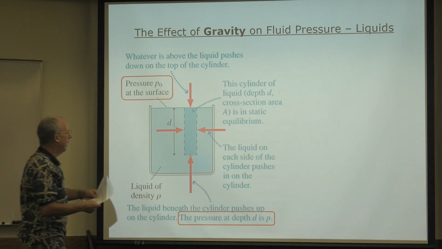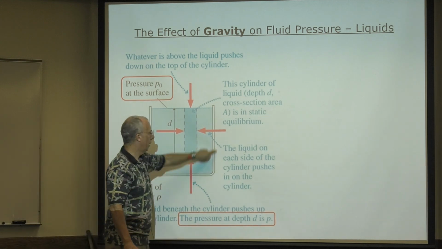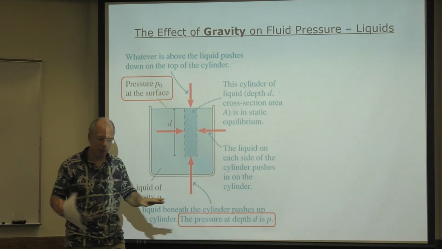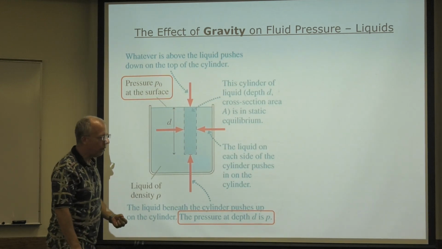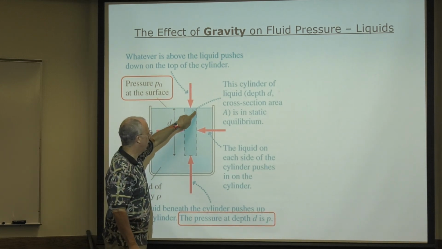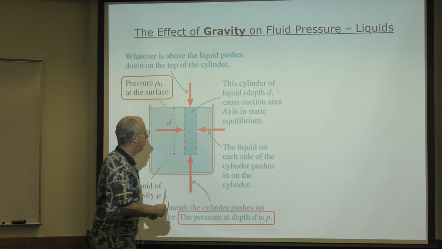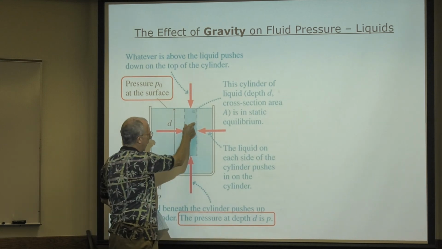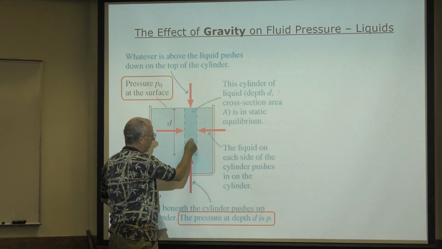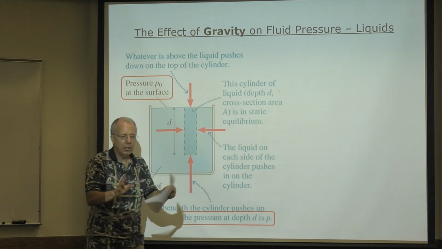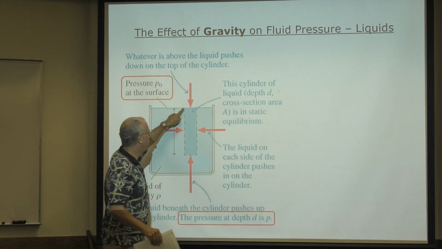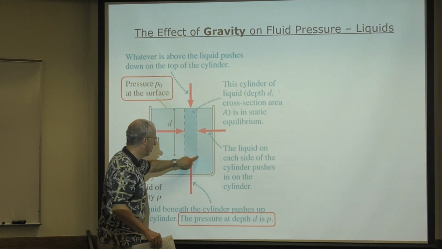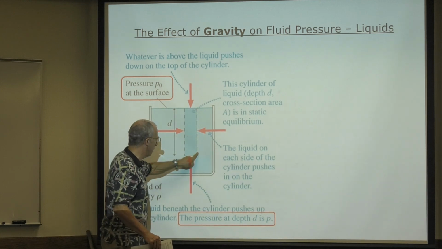All right, so here, this is a beaker full of water. The water is not moving. And what we want to do is just look at some water, okay? So just pretend we're looking at this cylindrical piece of water. It's nothing, it's just water, right? There's not a real cylinder here, there's no side of a cylinder.